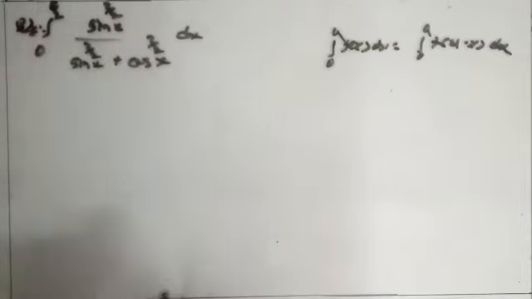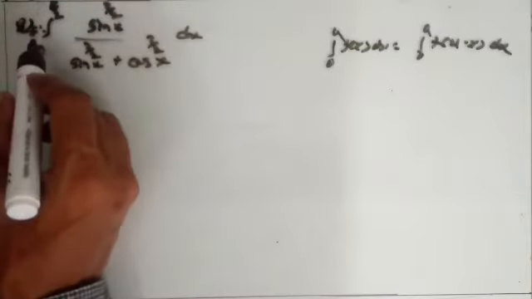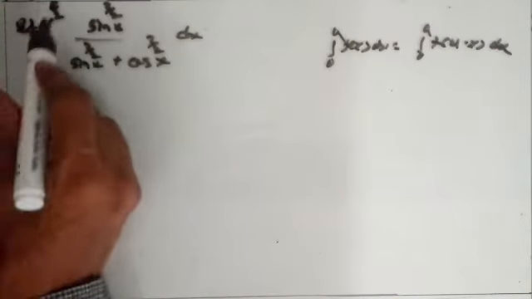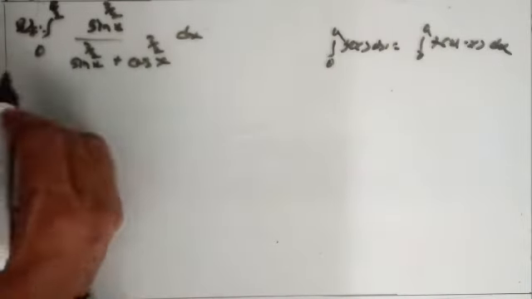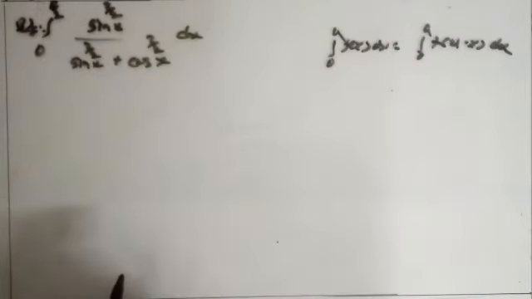Now take the addition of first and second, we get 2 times I is equal to 0 to pi by 2, 1 dx, and integration of 1 is equal to x. So 2I is equal to pi by 2, so I is equal to pi by 4. Solve yourself.